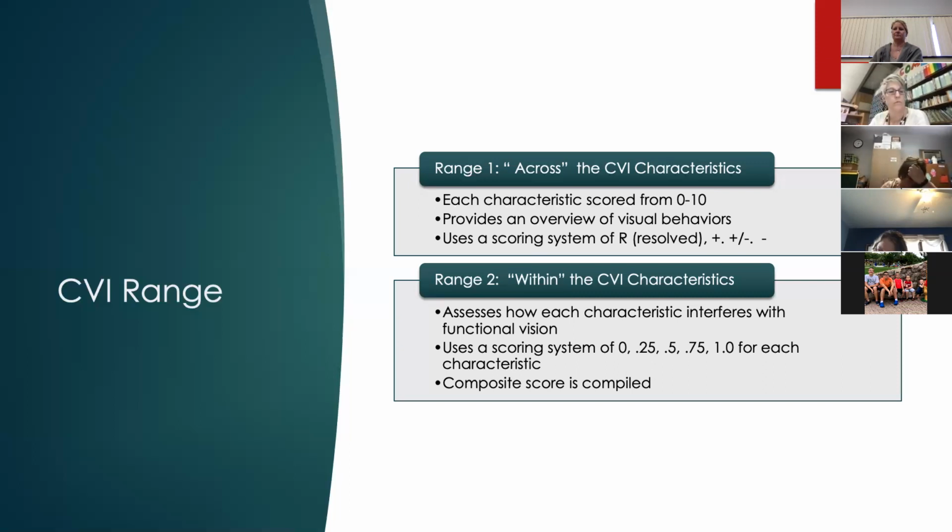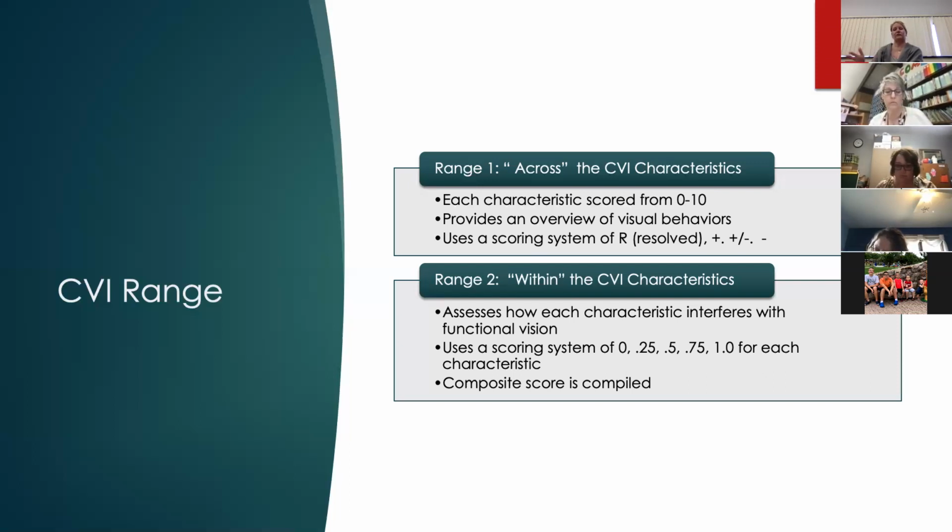That can be like preferring 1 or 2 colors in an object. That's a pretty low functioning level, but if we're seeing that, then we would put the plus there. That would be a component of the color characteristic. But maybe that child has now learned to tolerate or will look at an object with many colors in it.